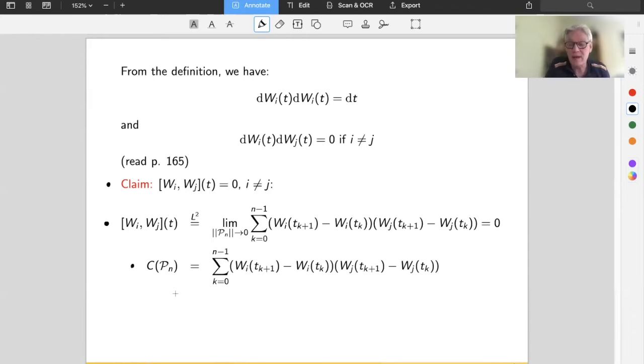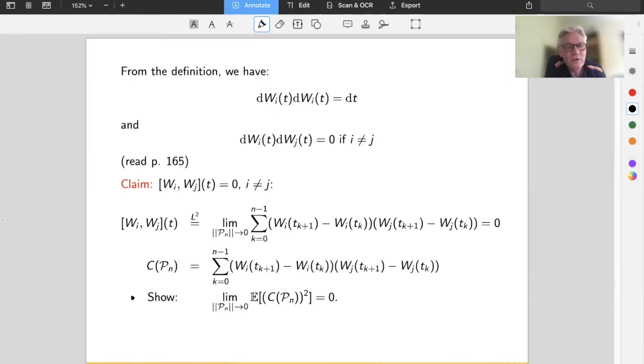What we mean by taking the limit in L2 going to 0 is that we need to show that in the limit of the mesh width going to 0, the expectation of C_Pn squared is equal to 0. So we need to square the expression, take the limit and show that it goes to 0.